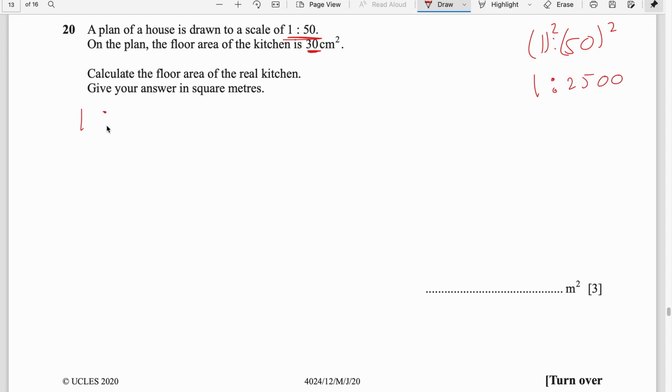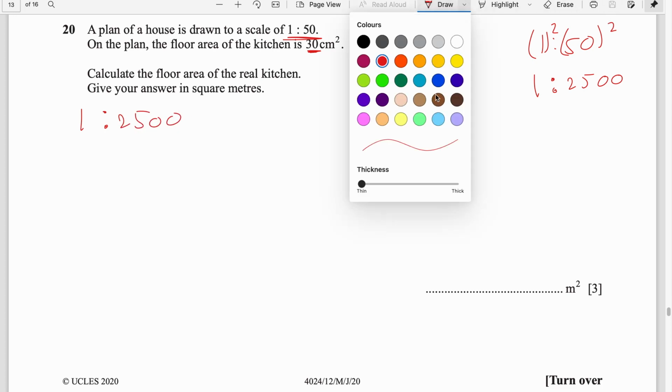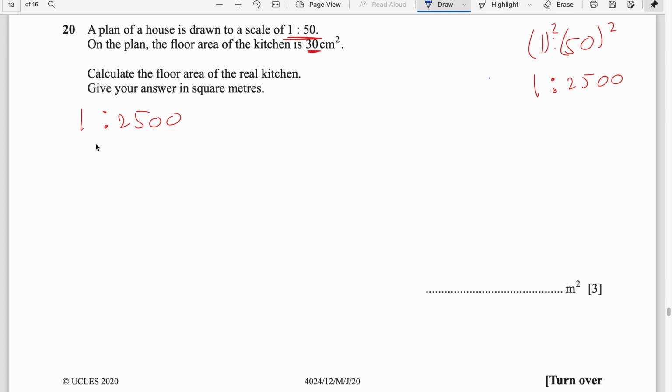Now we know that this scale is valid for the area. So on the map it is 30, in real it is x. Cross multiply. x is equal to 2500 times 30. 3 times 25 is 75, and then you have 3 zeros.